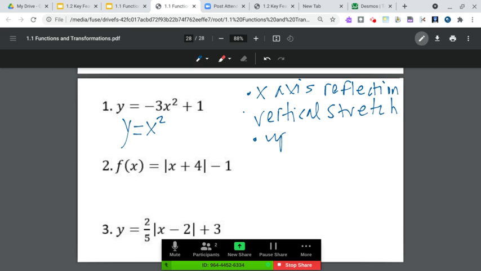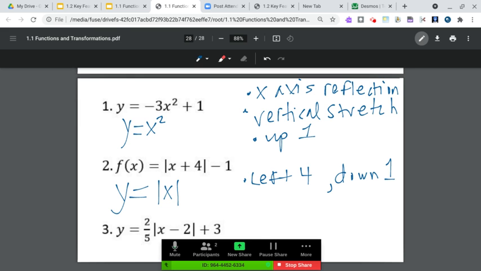Beautiful job. Next one, number 2, the parent function is your absolute value, y equals the absolute value of x. What are the 2 transformations that have happened on the function in number 2? You got it.